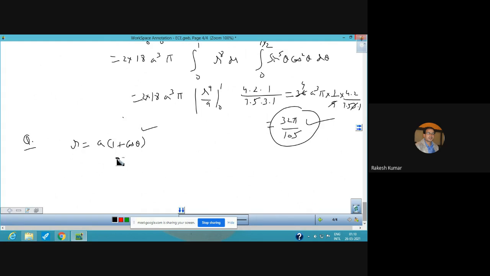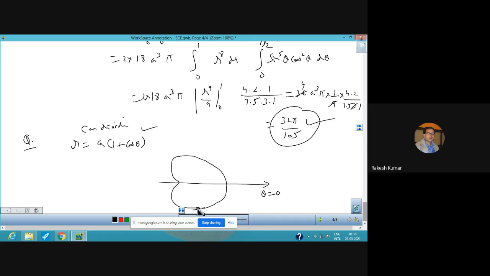They said to evaluate by double integration the volume generated by the revolution of this cardioid about its axis. And we know that this is the axis of the cardioid at theta is equal to 0. So plot the shape of the cardioid.